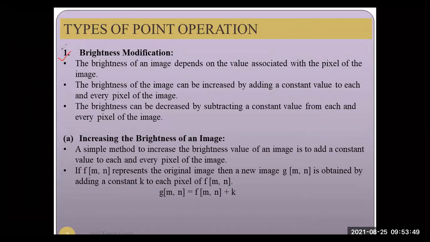It is basically done with a mathematical formula. Now, if f of mn is the original image and g of mn is the enhanced image, how do we get it? Simply, we add a constant value to each pixel of the original image.